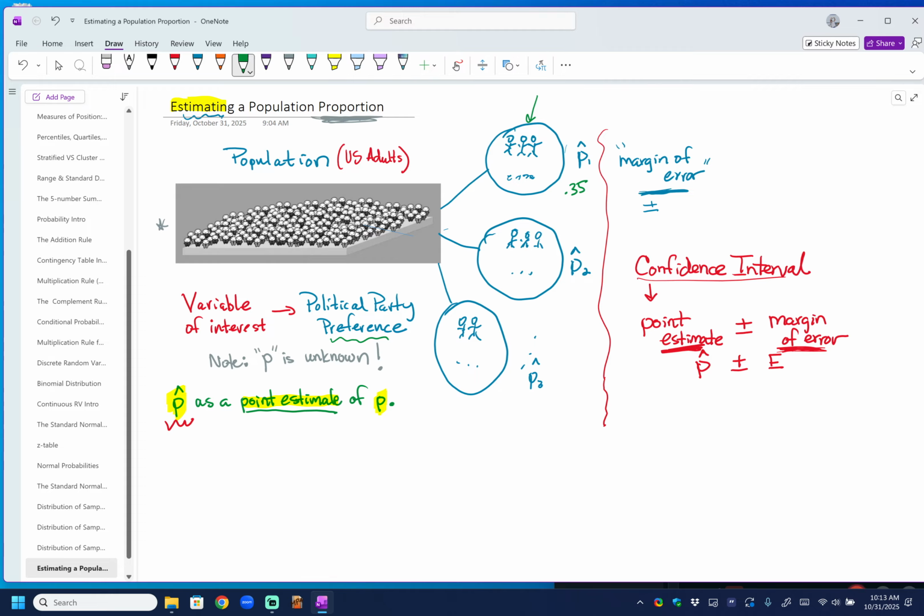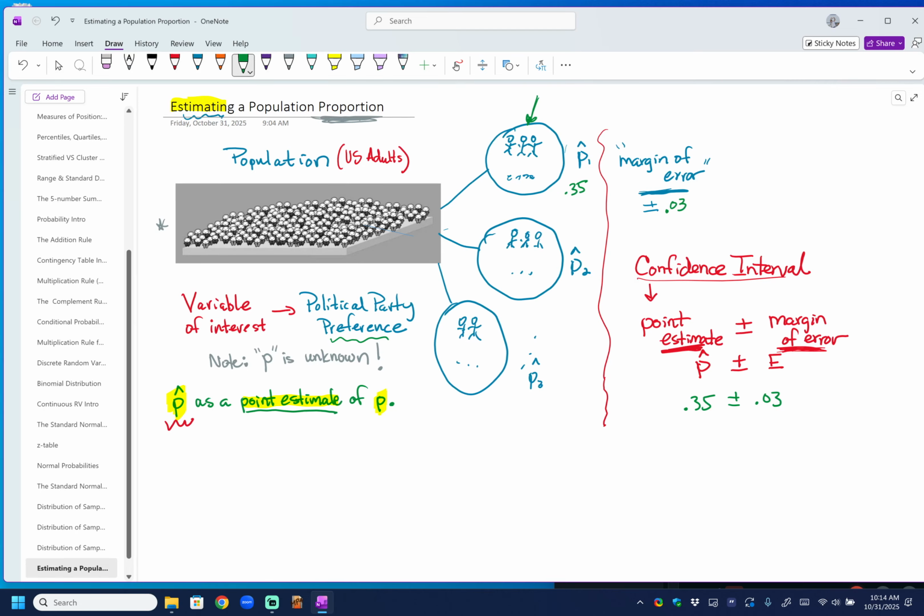And the margin of error in calculating this ended up being 0.03 or 3%. So we have 35% of the sample are Republicans, and the margin of error accompanying the calculation is 3%.